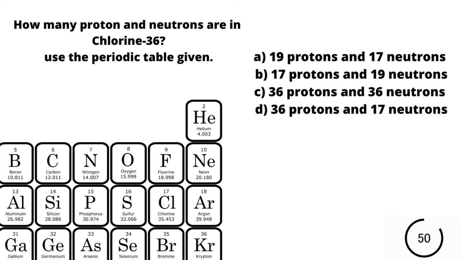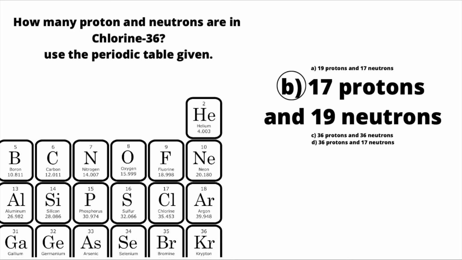Use the periodic table given. Our answer here is B, 17 protons and 19 neutrons.